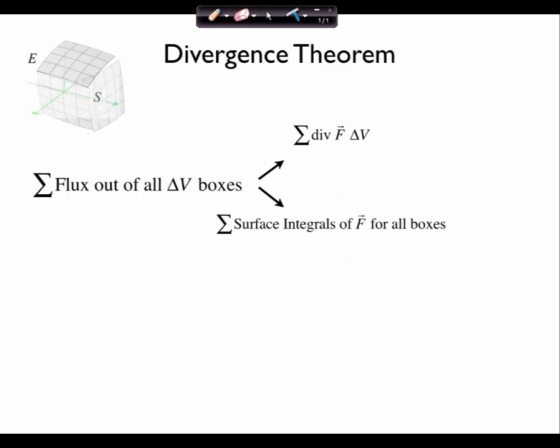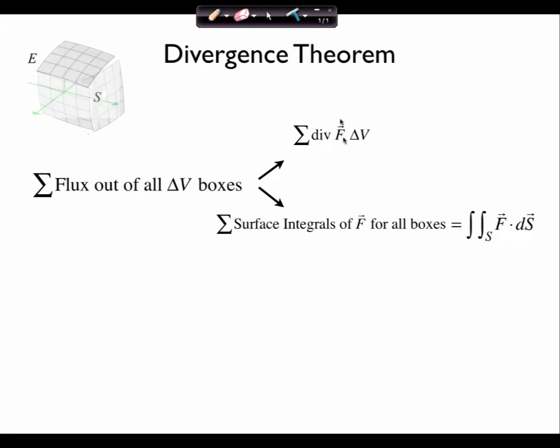You're going to get just the flux out of S, F dot dS. So we can add them up all internally, one at a time, and sum those all up. That's the first way. Or we can see that they're going to cancel out, and what we'll end up with is just the surface integral, the flux of the shell of E.